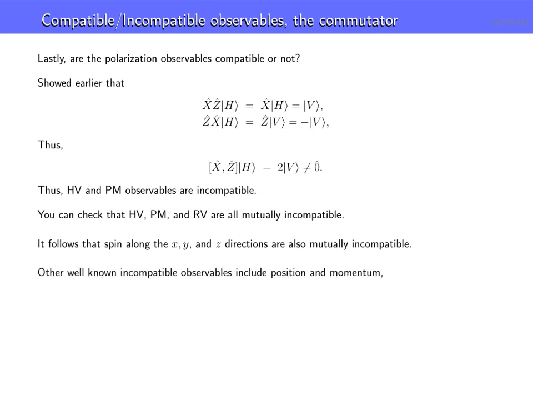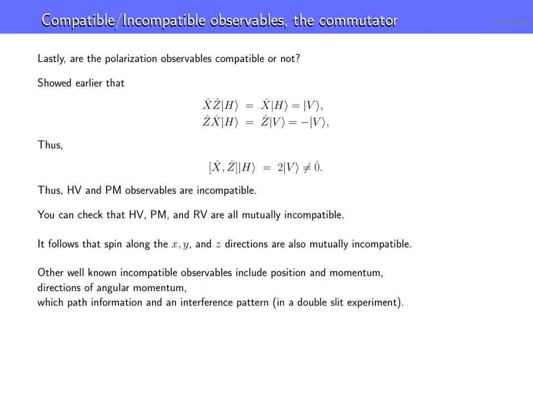Now, it turns out there are other incompatible observables, and you probably heard of position and momentum as an example, or direction of angular momentum in the X, Y, and Z direction. One that's not usually stated in this way is which-path information and interference pattern in a double slit. You can actually come up with a way to determine that. You can say how much which-path information you have.